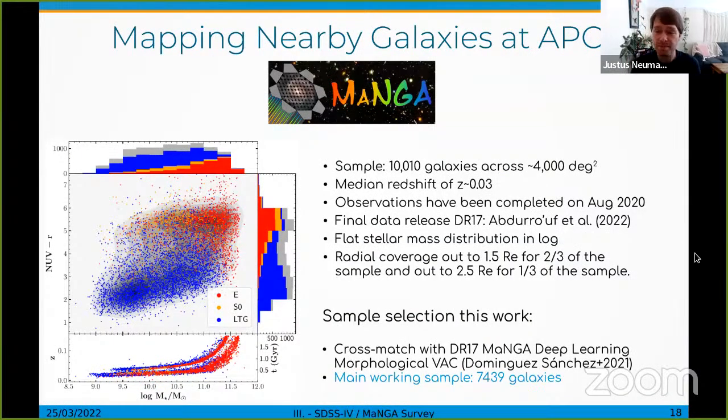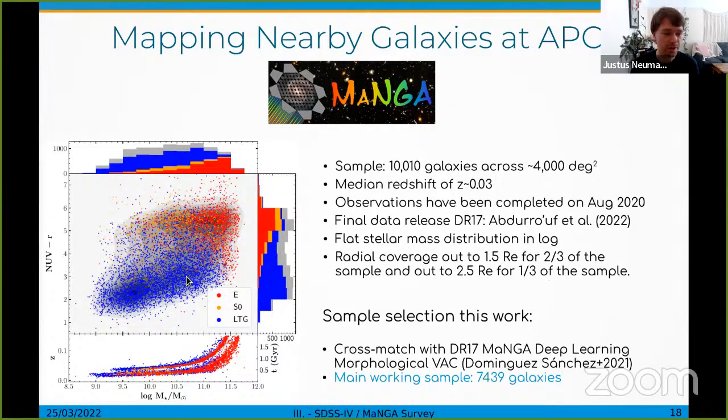The sample is 10,000 galaxies with a median redshift of 0.03, so nearby galaxies. The observations have been completed and the data release was just a couple of months ago. The sample was selected to be flat in log stellar mass and to have a radially uniform coverage out to 1.5 effective radii for 2/3 of the sample and 2.5 effective radii for the remaining 1/3.